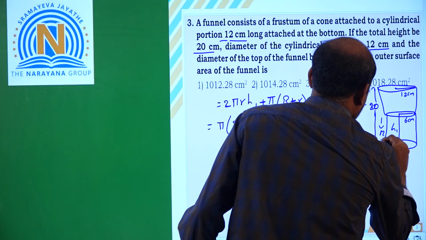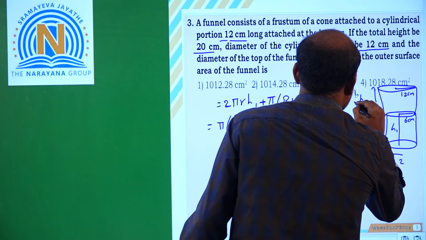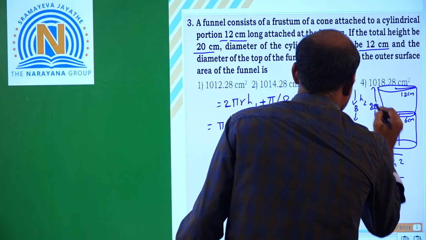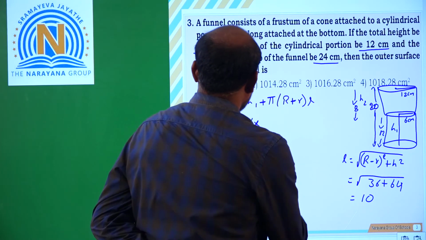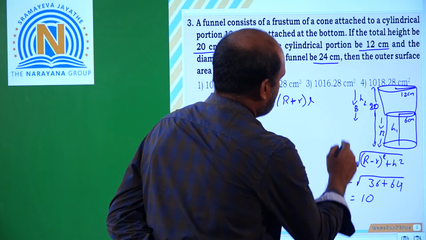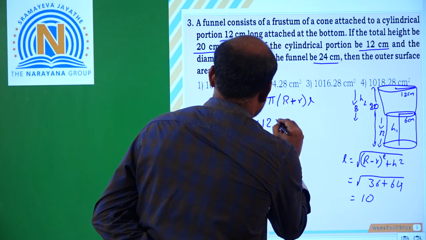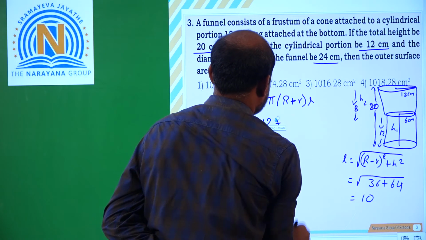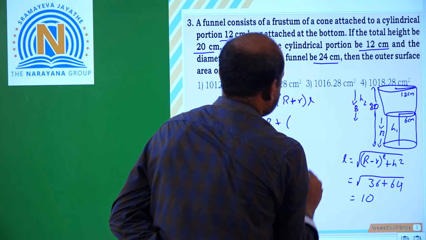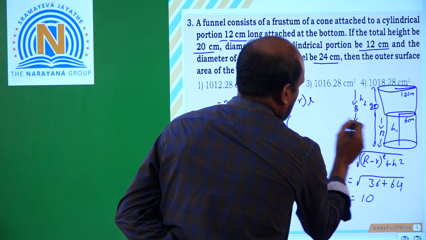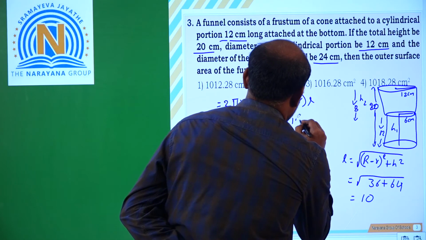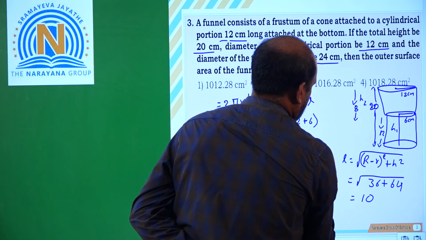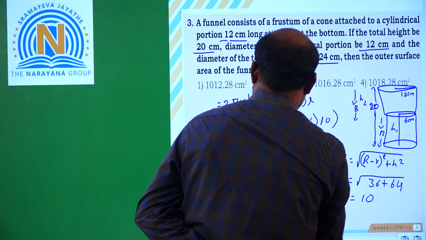The height is 12 centimeter. Now the height of this frustum is 8 centimeter, right? So r is 6, into the height of the cylinder 12, plus (R plus r), R is 12 plus small r is 6, into L is 10.